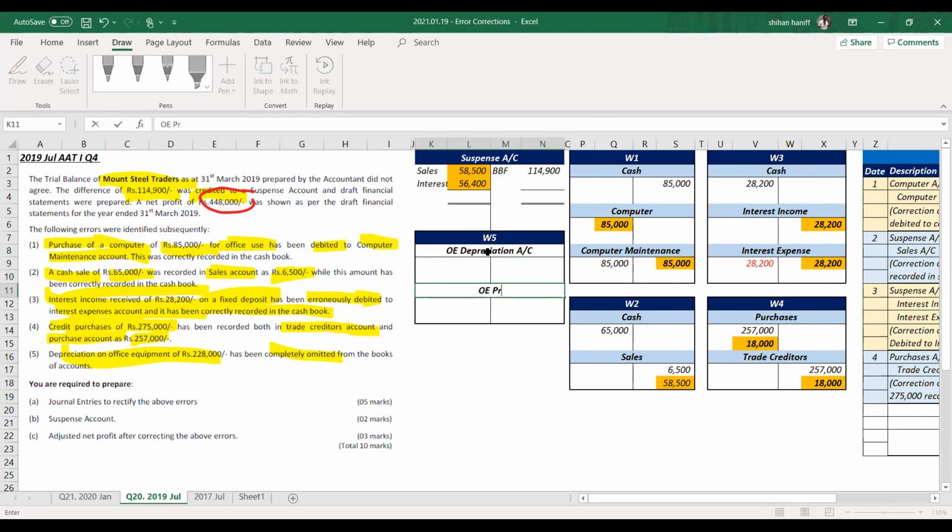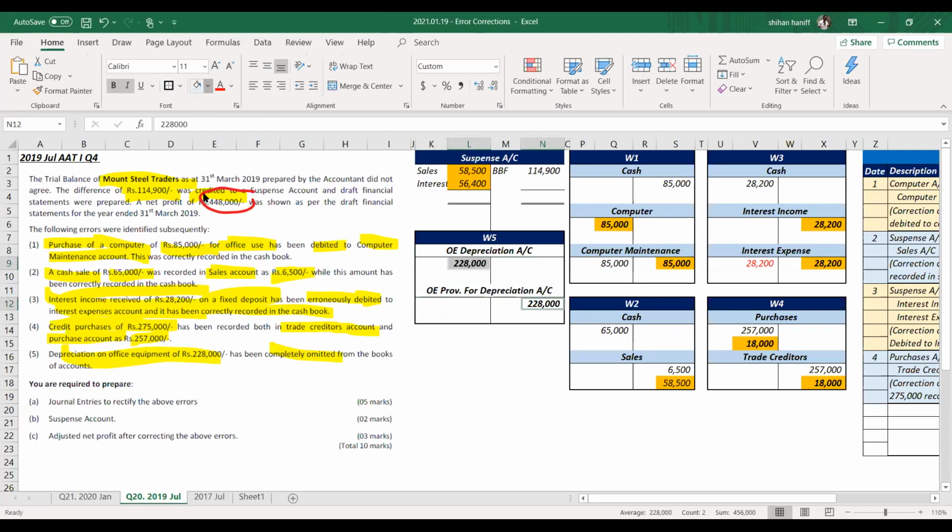Office equipment provision for depreciation account will be credited 220,000. That's double entry. Depreciation account debit, provision account credit.